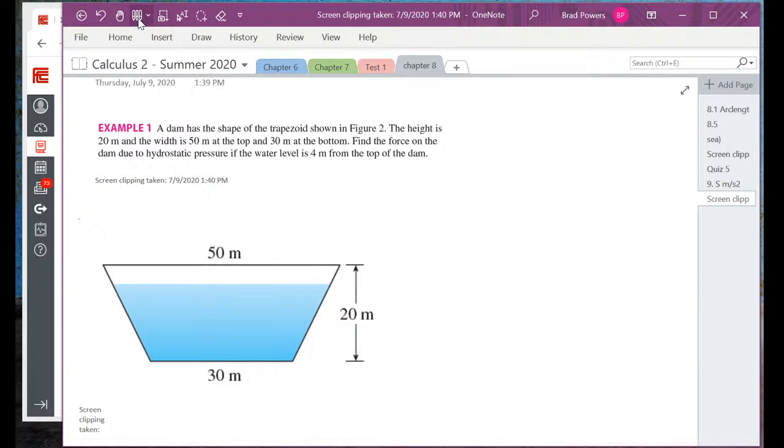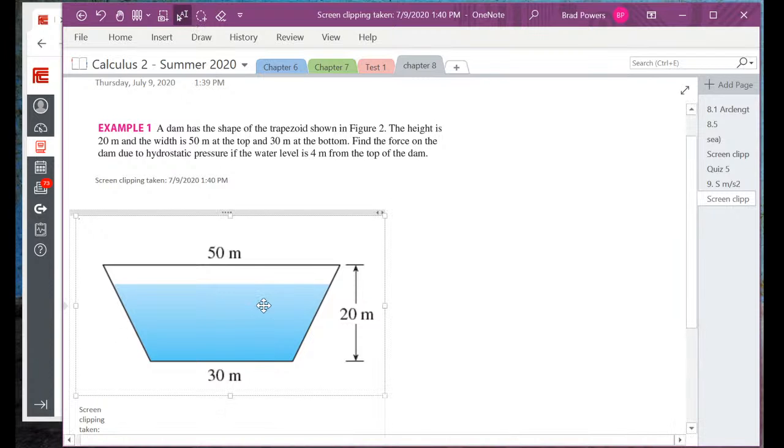Well, like with any of these, what we want to do is find an approximating rectangle, a little chunk to start looking at. In this case, I'm going to take a look at, let's say, here's my little chunk. Oh, and it's hiding. Hold on.